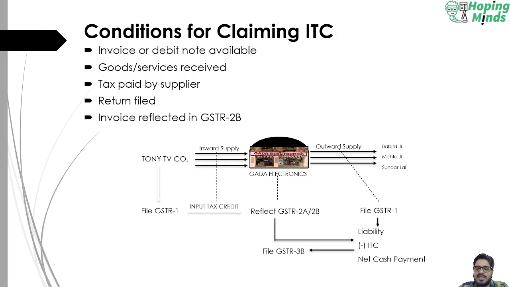So the ultimate tax liability of Gada Electronics will be the amount that has been collected from Babita ji, Mehta ji and Sundarlal ji towards GST less the amount which is reflecting in GSTR 2B from Tony TV Company Limited. So the balance amount has to be paid in cash by Gada Electronics.